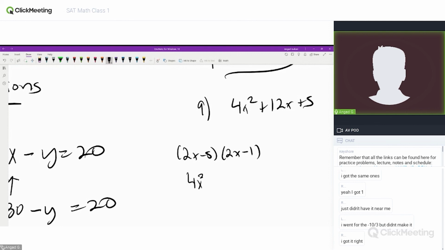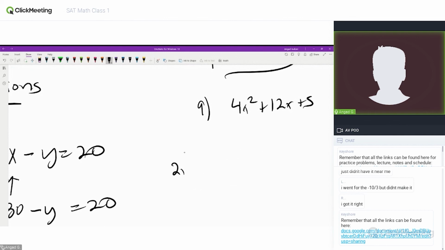We have 4x squared minus 2x minus 10x, which is minus 12x. That's not right, okay? So we can cancel out that. And then we'll keep doing that until we get to 2x plus 5 times 2x plus 1, right? We have 4x squared plus 12x plus 5. And that's a really quick way we can do this.